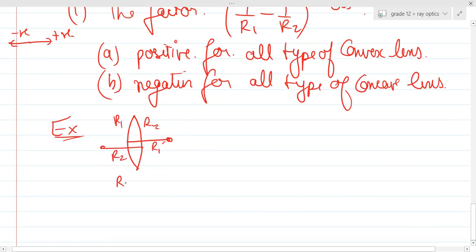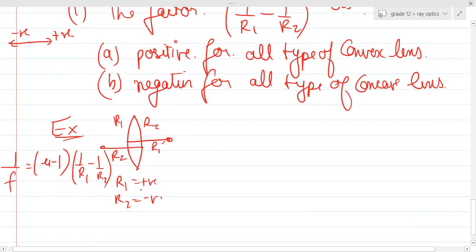Yes or no? R1 is positive, R2 is negative. And what is the lens maker formula? 1 by F is equal to mu minus 1 into 1 by R1 minus 1 by R2. So R1 is positive, so you will put positive over here, and R2 is negative, so you will put negative over here. So overall this factor will be positive, right? Yes or no?